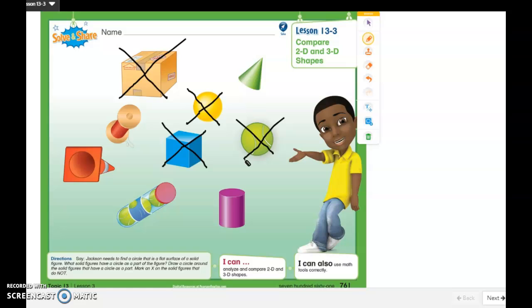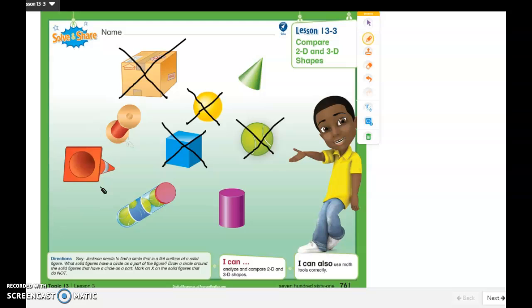So now let's look at the shapes that we have left. This bottom of the cone, what shape is that down there? If we were to turn it and look at it, it would be a circle. What about this guy right here? A circle. He's got his circle right here. Now I see the square. This cone technically has this square here, but really we're looking at it like it's a cone.